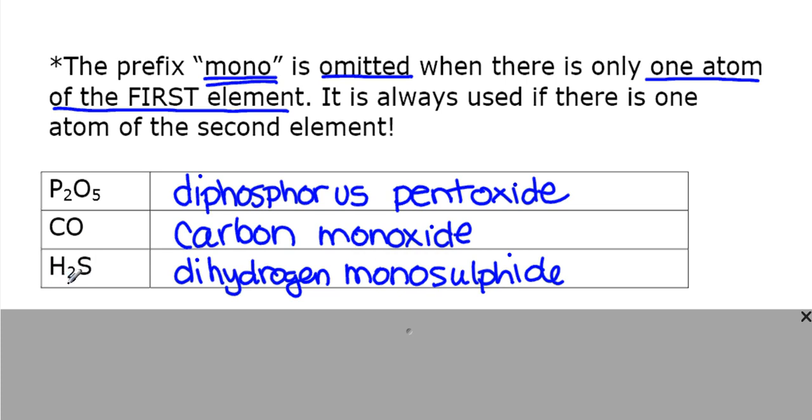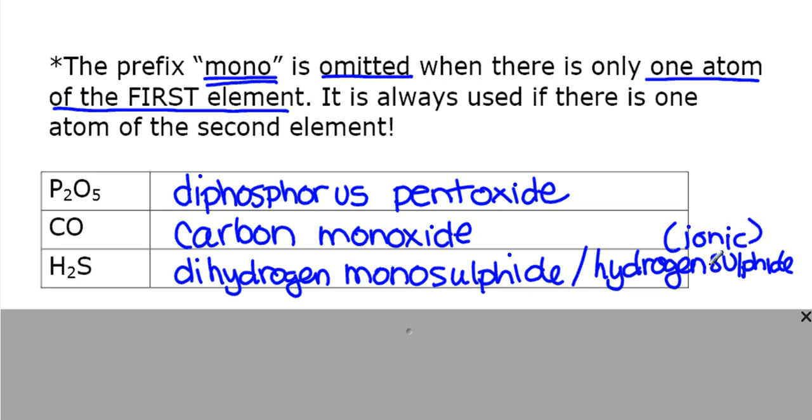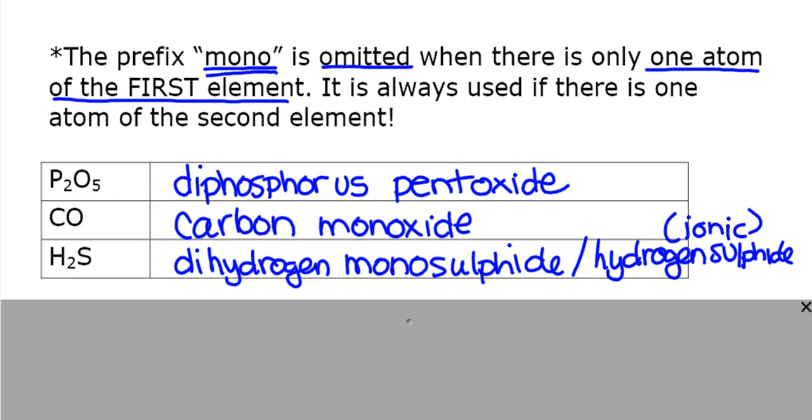So sometimes we also just call this hydrogen sulfide. So hydrogen, that's a little tricky. Sometimes you also just see hydrogen sulfide, and it takes on more of that ionic naming that we just went through. So watch for hydrogen, it can flip-flop back and forth, and both would be acceptable.